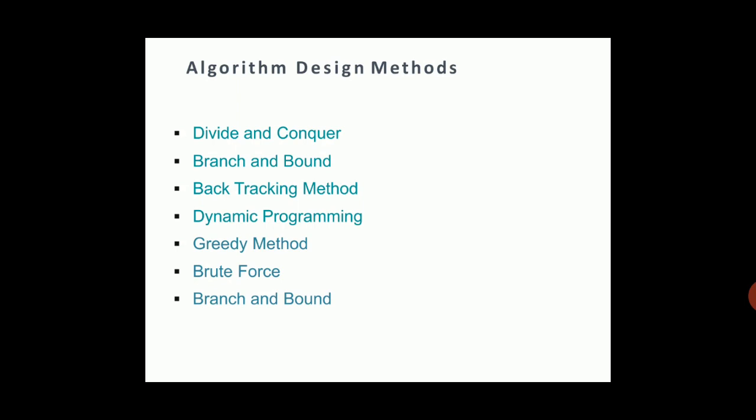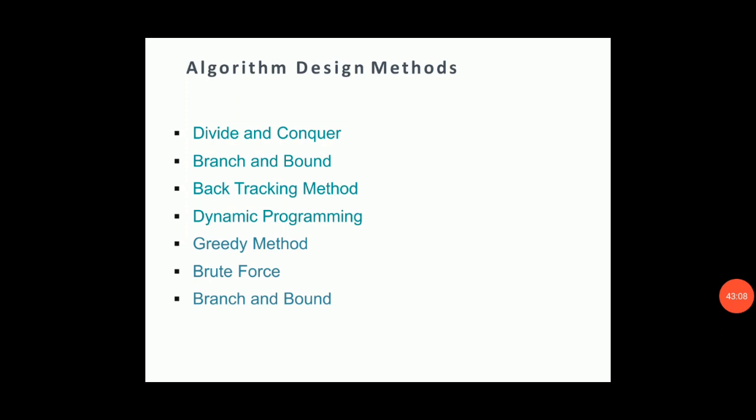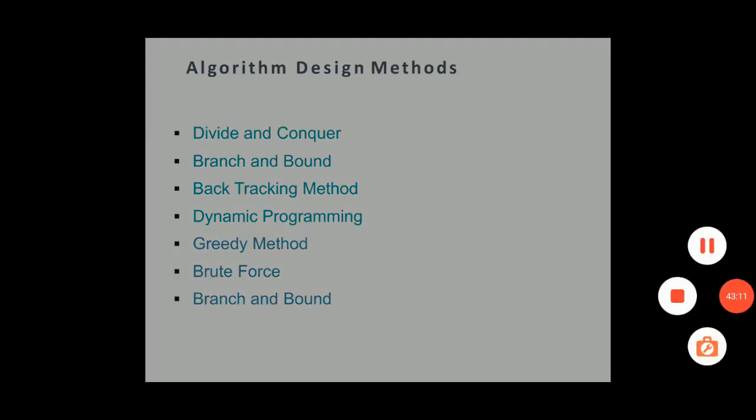Basically these types of methods are discussed: divide and conquer, backtracking method, dynamic programming method, greedy approach, brute force, branch and bound. Oh, this is repeated here. So these types of methods are discussed. In the next video we will discuss these topics.